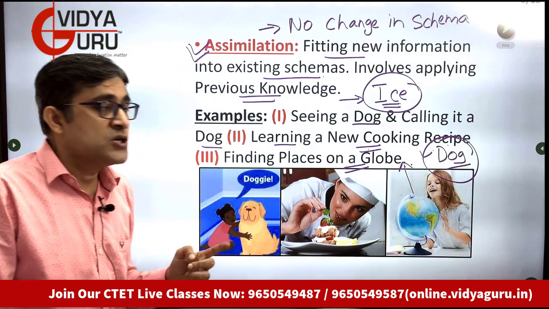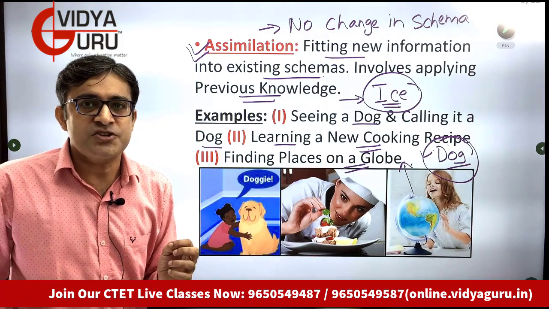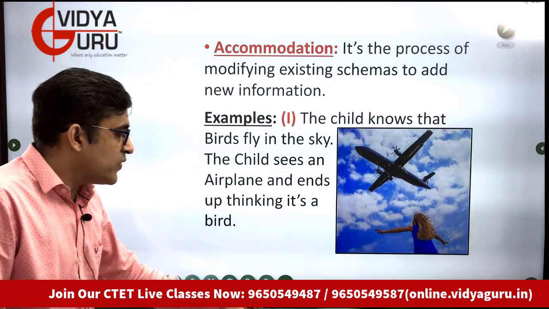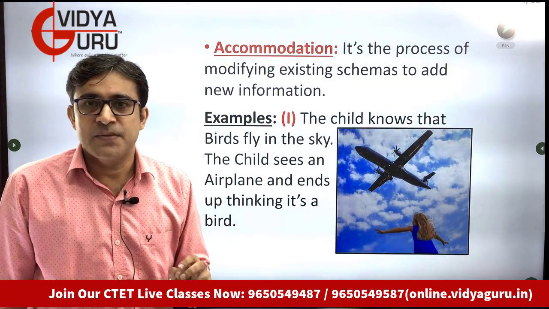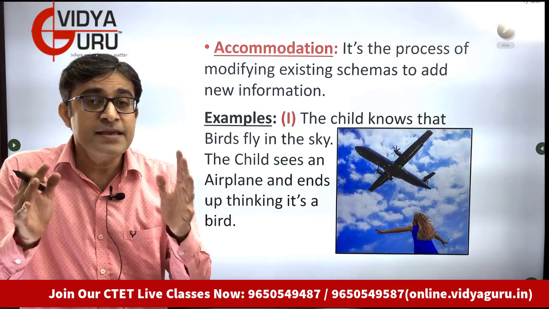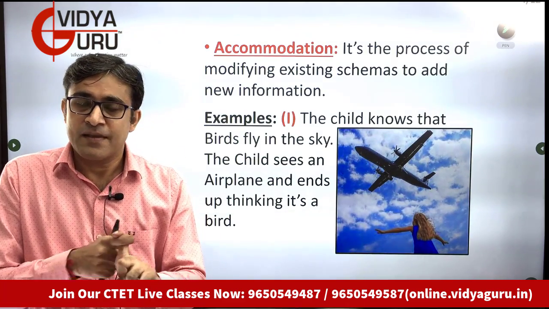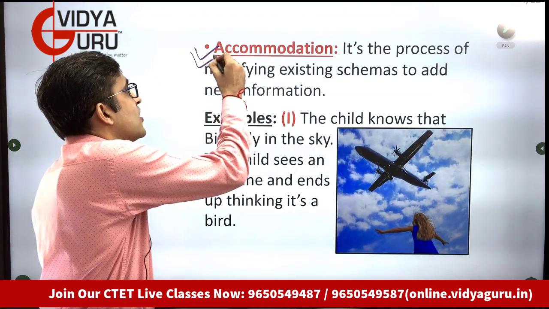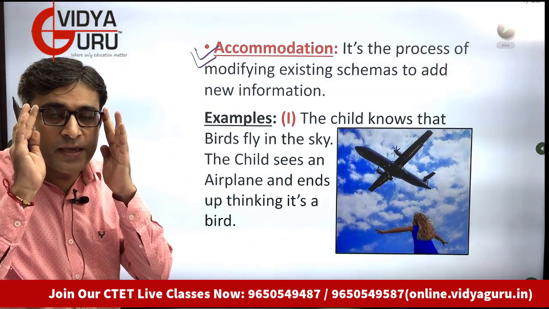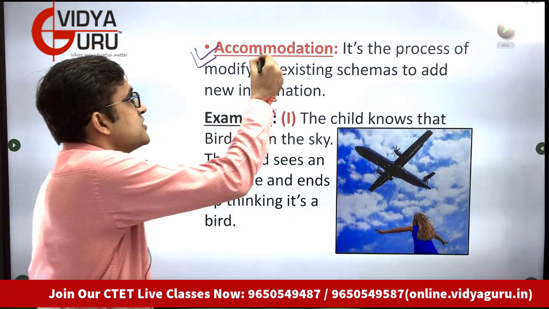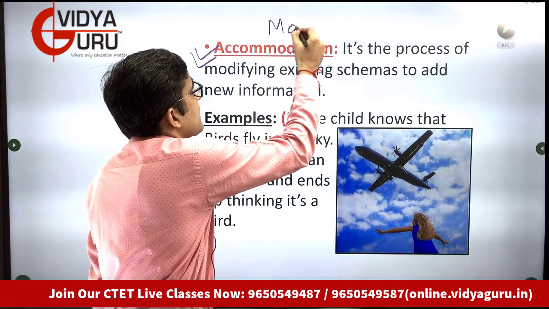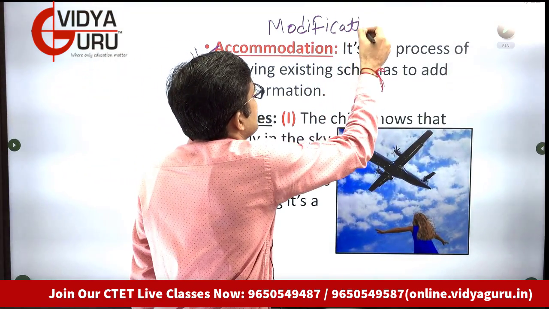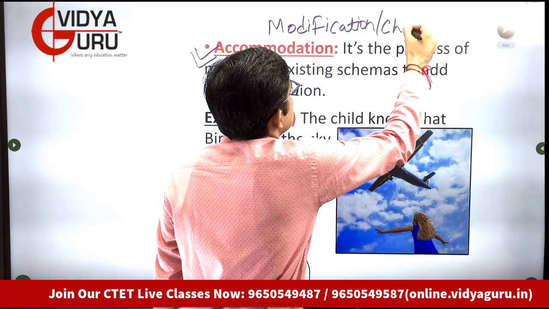Now what happens? Students, sometimes the schema has to be changed, and that is where we talk about accommodation. So Piaget says that yes, we learn through assimilation. Yes, we also learn through accommodation. The second process is accommodation. Please remember carefully, in case of accommodation, there will be some modification, some change in the schema.